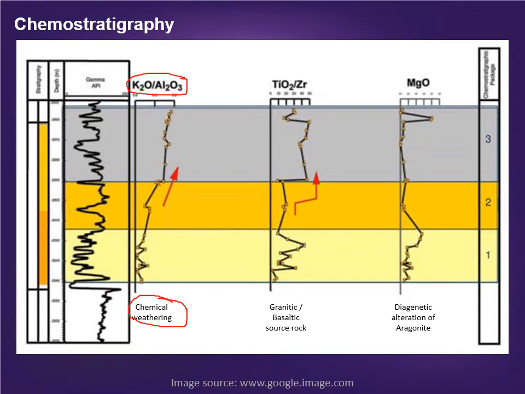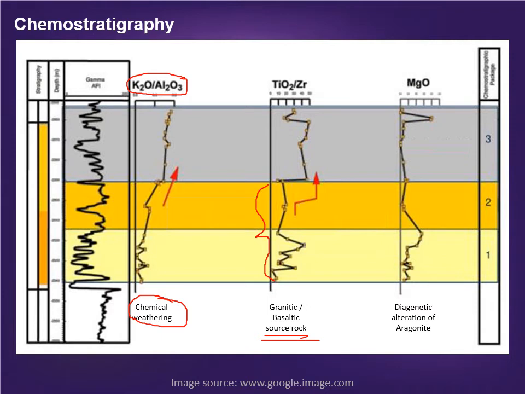So these detrital fragments and sediments are coming from a granitic or basaltic source rock. Whereas in these bottom two layers, the source rock is less likely to be granitic or basaltic. There might be some other source rocks, but here in this gray color band, the source rock is more likely to be granitic or basaltic.